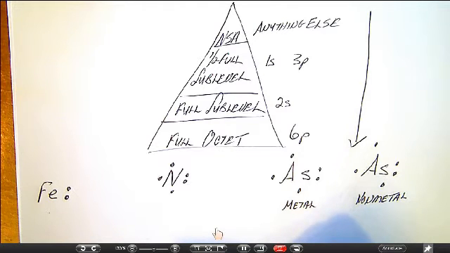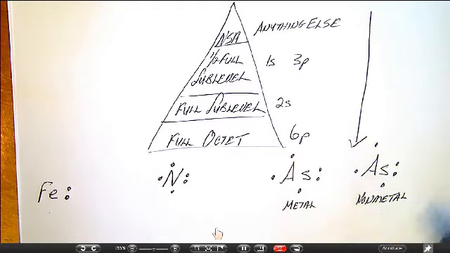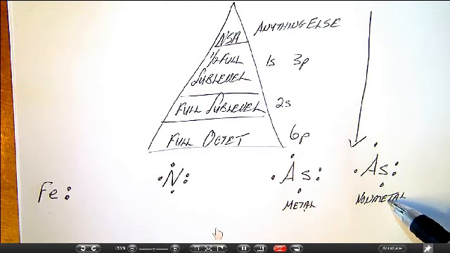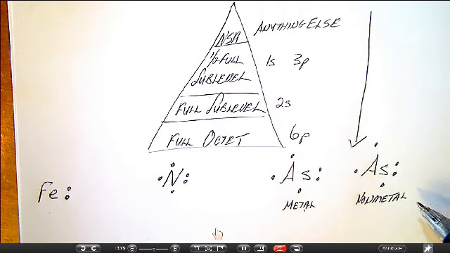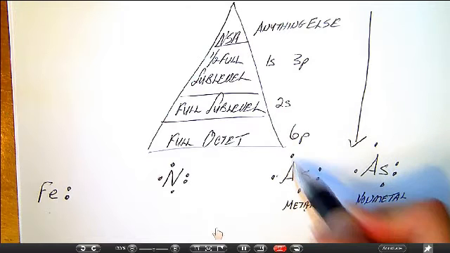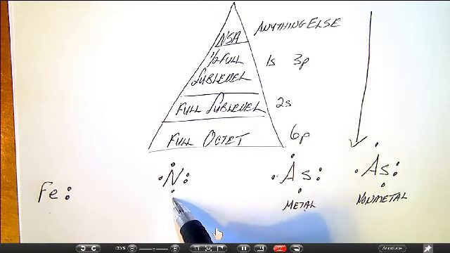Arsenic is in the metalloid section, which means that it can be a metal or a nonmetal, which means that we have to run arsenic through the pyramid of stability twice, once as a metal and once as a nonmetal. It also has a default of -3, so we have the same electron configuration as we have for nitrogen.